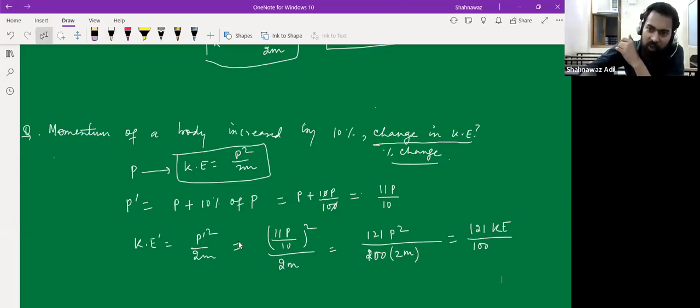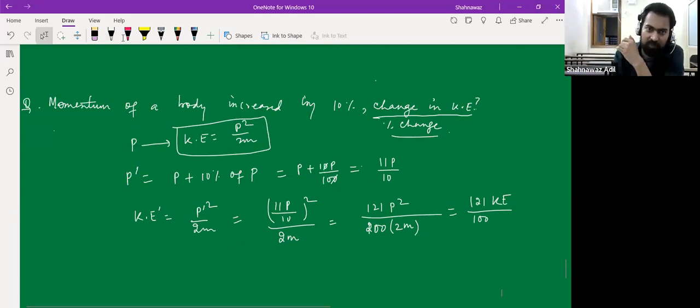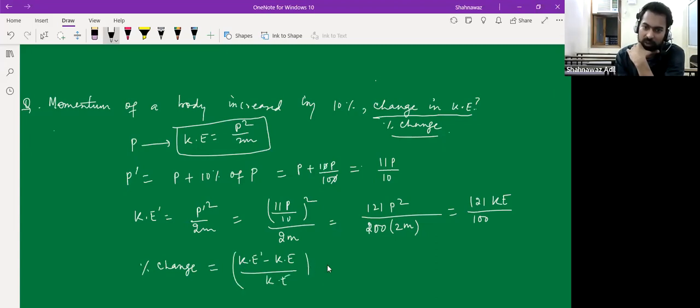So you can see that your percentage change will be the new K minus the old K, by the old K, into 100.